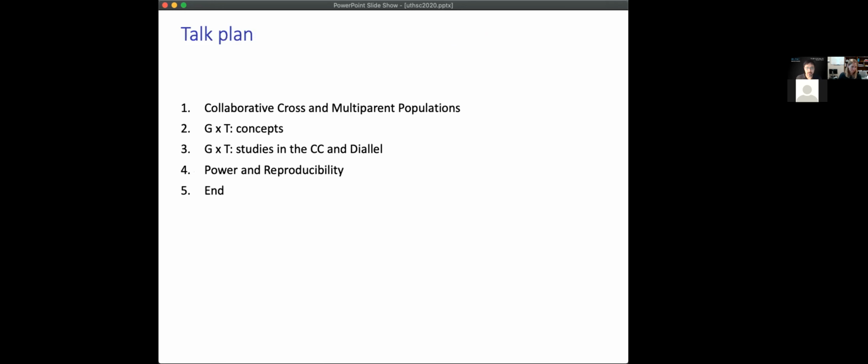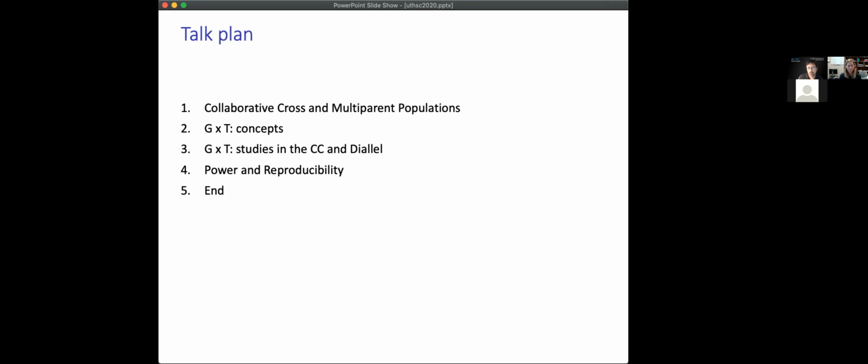I'm going to start off by introducing the collaborative cross and multi-parent populations. I'm not going to assume that many people in the audience know what those things are. Then I'm going to talk about some G by T concepts. A lot of this talk will be at the conceptual level.